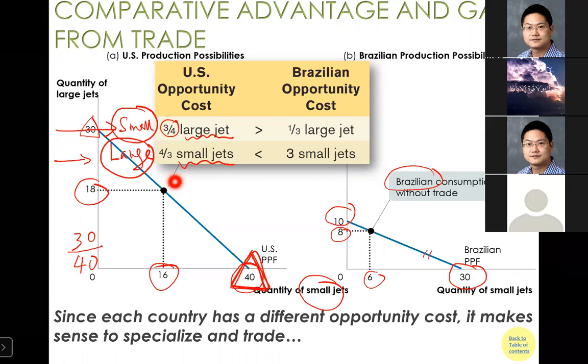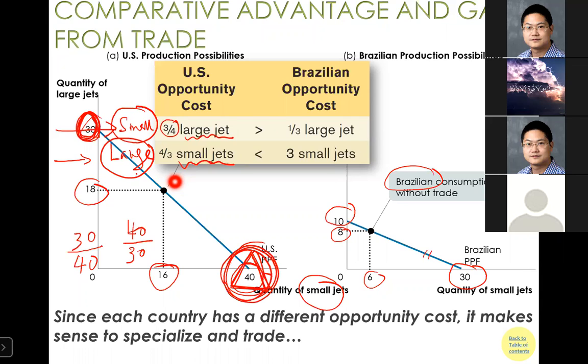On the other hand, what is the opportunity cost of larger jet in terms of small jet? You are giving up 40 small jets so that you can produce 30 larger jets.